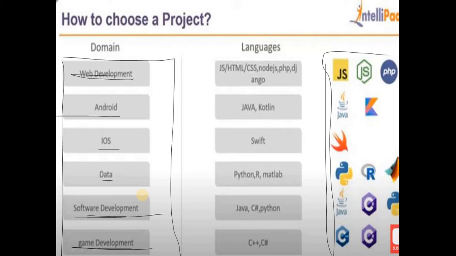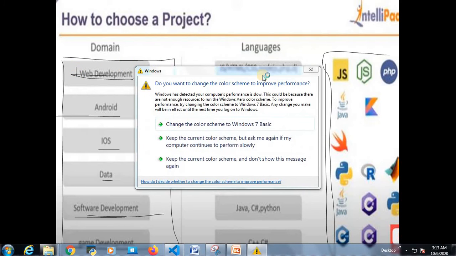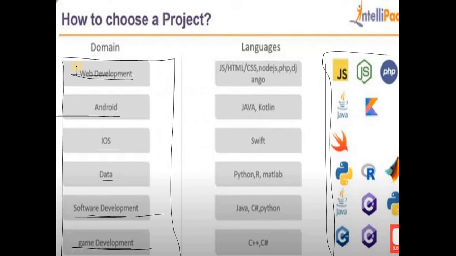game development. I thought you have played all those games called Free Fire, Brawl Stars, everything. And for web development, like we use Google or anything, Chrome, Mozilla Firefox, etc. In web development we have JavaScript, HTML, CSS, Node.js, PHP, Django, all those things.